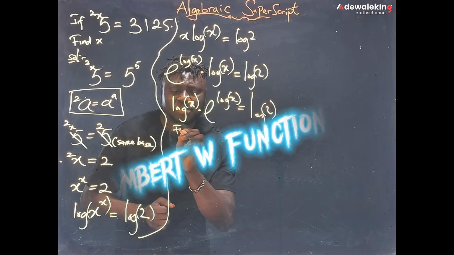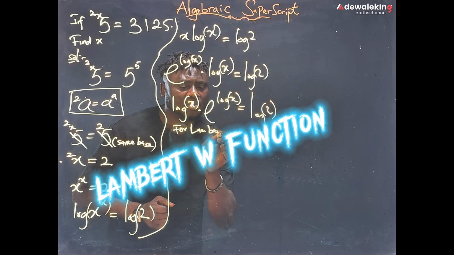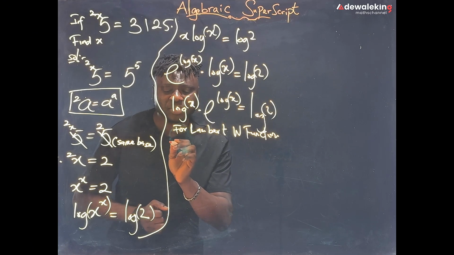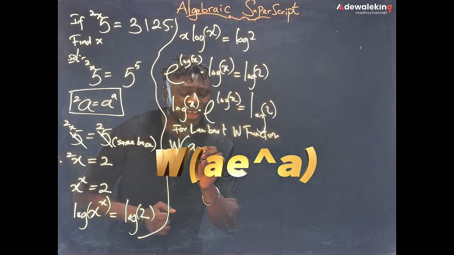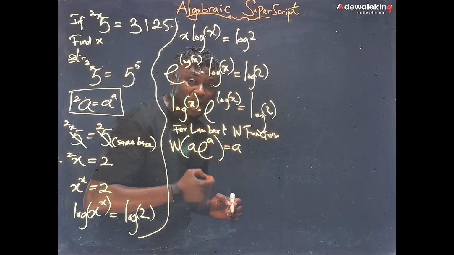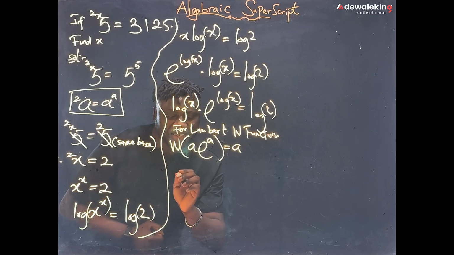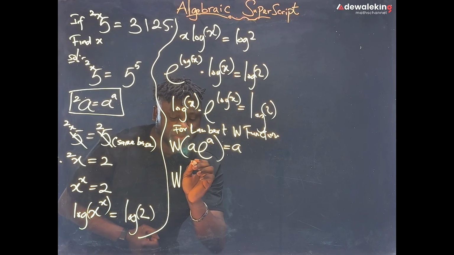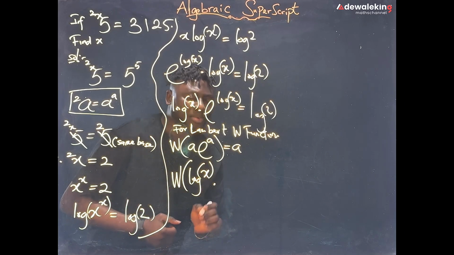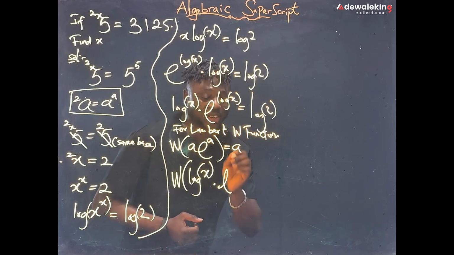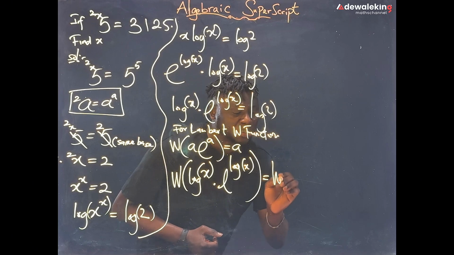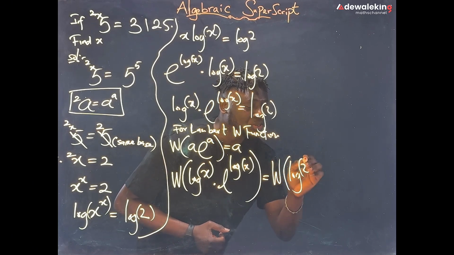Applying the Lambert W function will move this solution forward. For the Lambert W function, we have W of a exponential a to be equal to a. So we're going to apply this to this and move the solution forward. So this will be W of log x multiplied by exponential log x, which is equal to W of log 2.